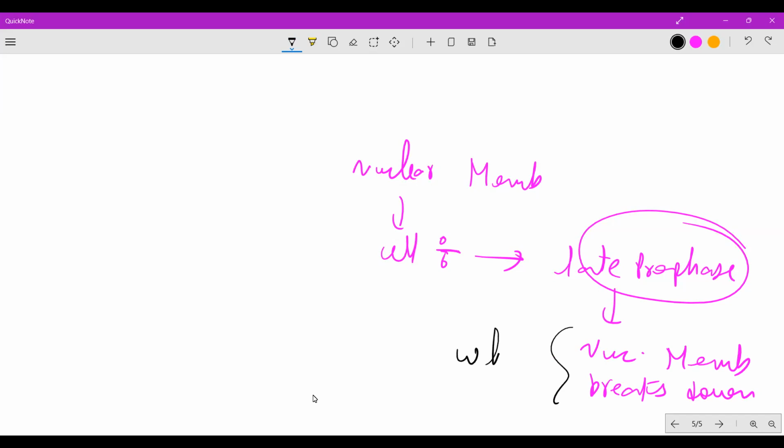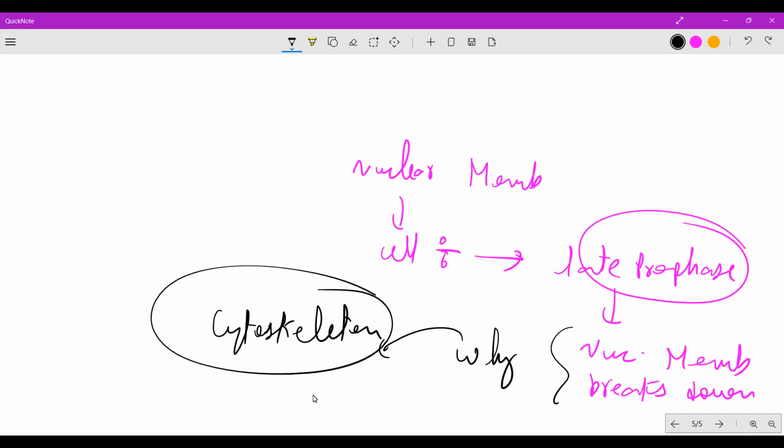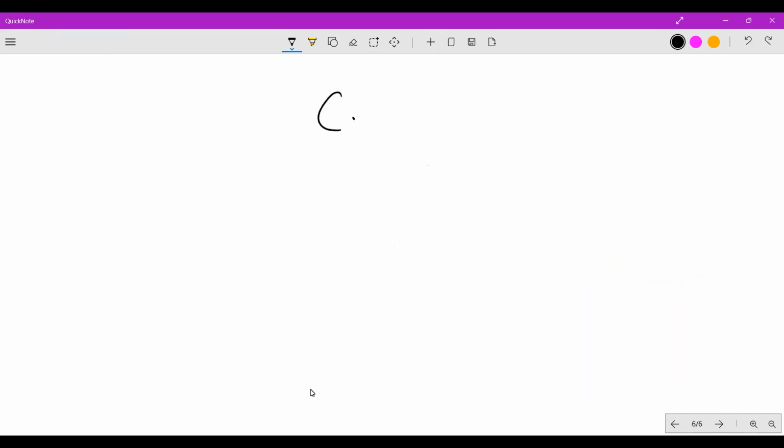Who is involved in the breakdown of the nuclear membrane? It is again cytoskeleton. तो भैया जहां की भी बात करो, cytoskeleton will come into picture. Am I clear? तो हम बात कर रहे हैं cytoskeleton की.